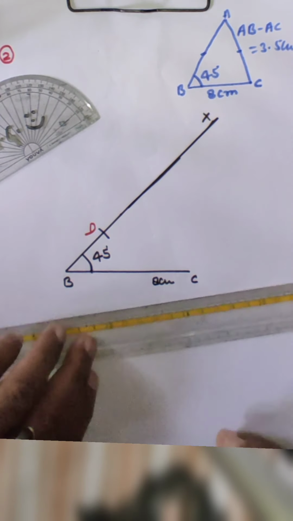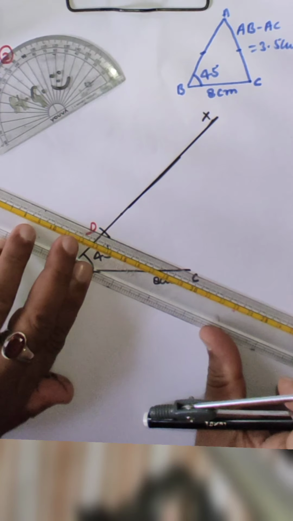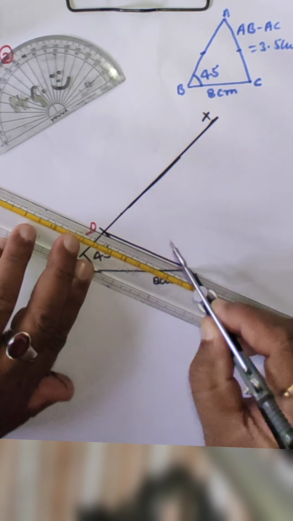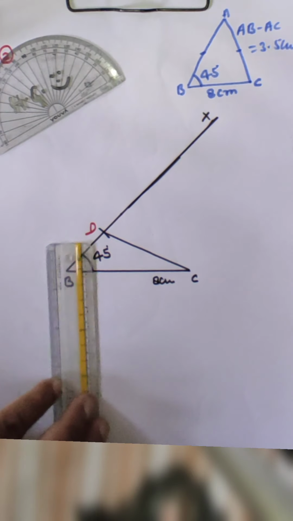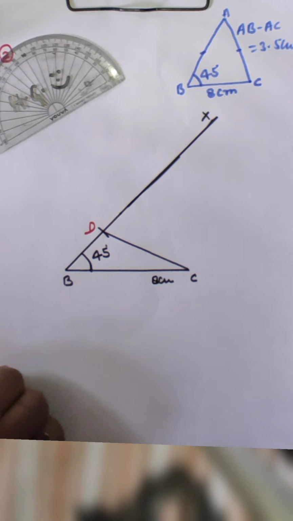Now join CD. Next, we will bisect the side CD of triangle BDC.